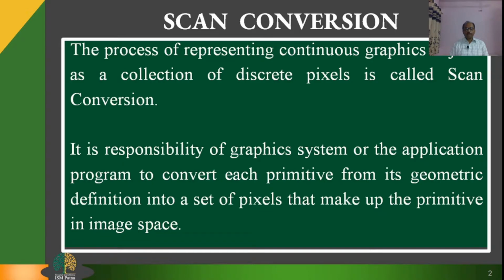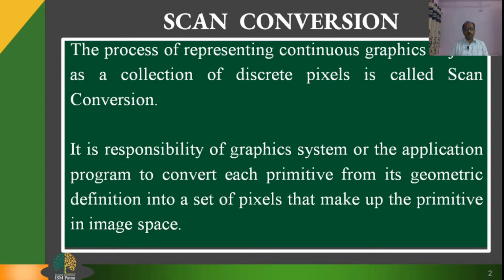So, in the case of a line, it is possible that a pixel may have a floating value like 2.7 as the x coordinate and 5 as the y coordinate, which will not be considered by the system.